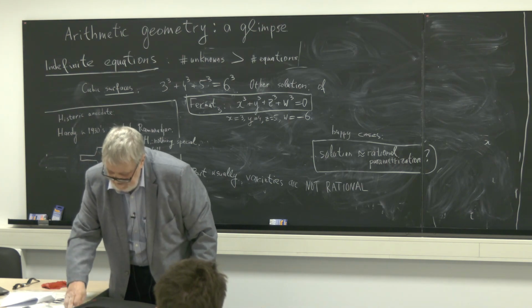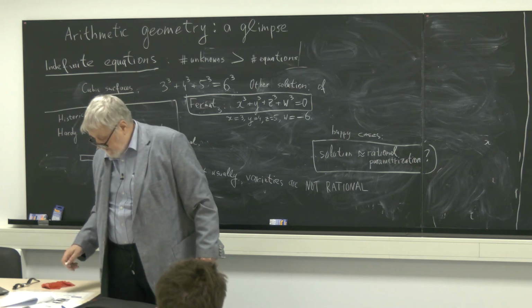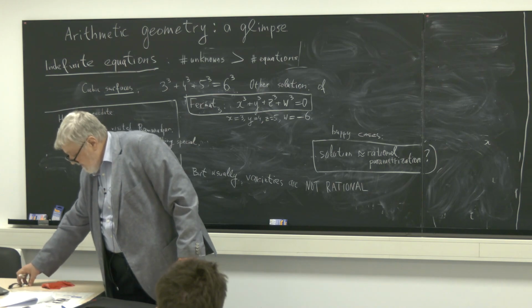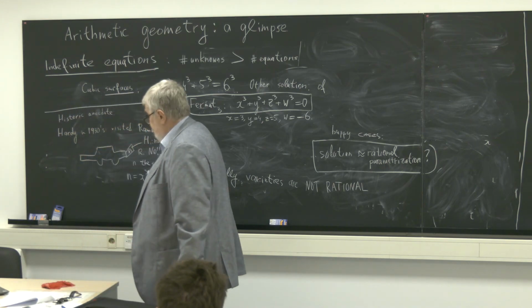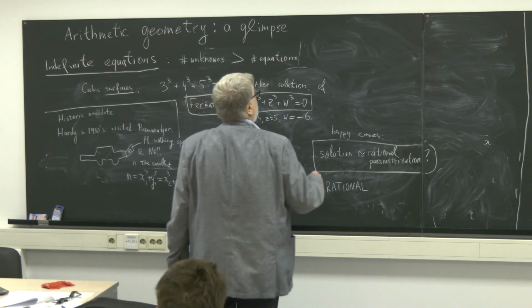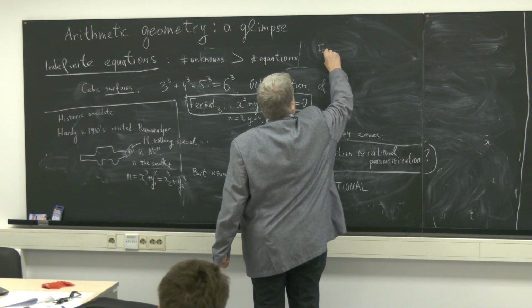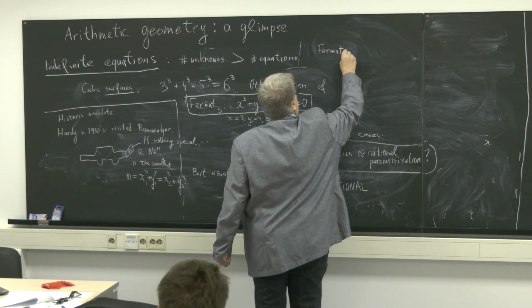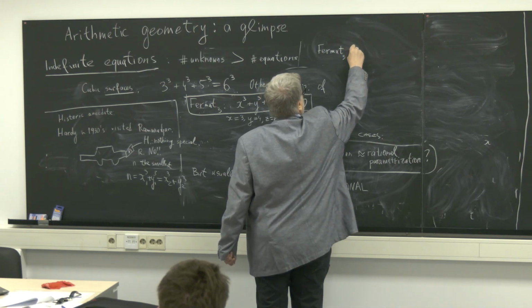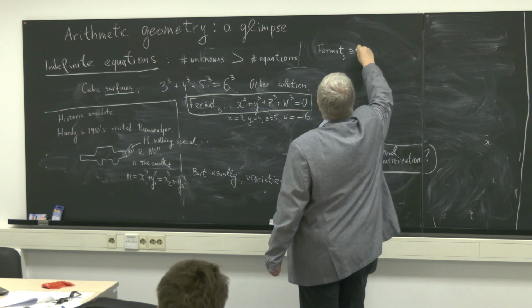I'm going to use notations that will be clear to those who are on good terms with projective geometry. So that is the surface Fermat 3, which contains, as we know, 2 points.